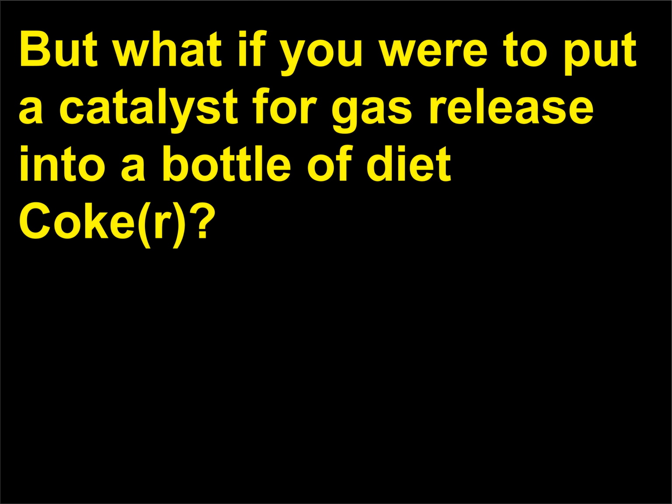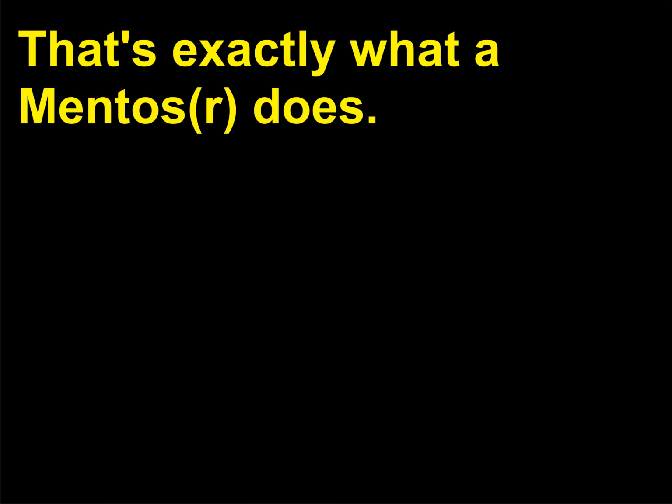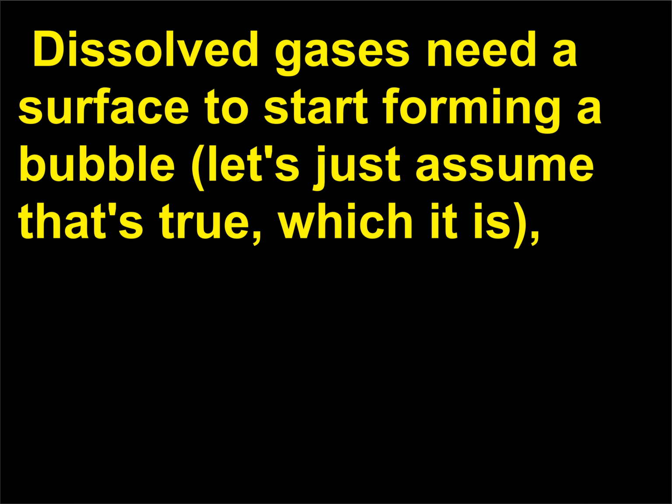But what if you were to put a catalyst for gas release into a bottle of Diet Coke®? That's exactly what a Mentos® does. Dissolved gases need a surface to start forming a bubble, let's just assume that's true, which it is.